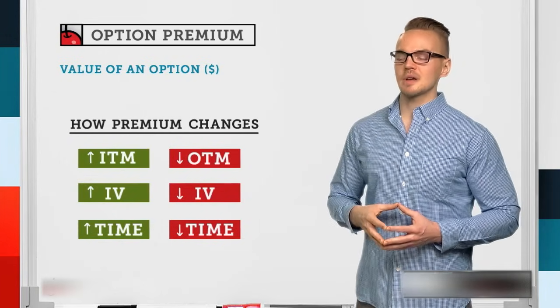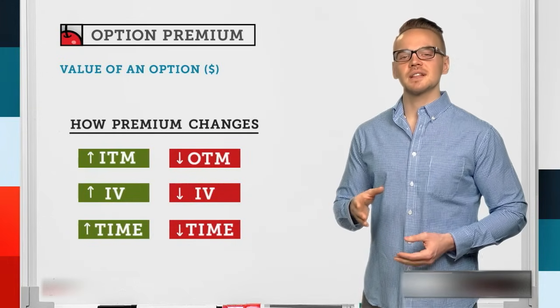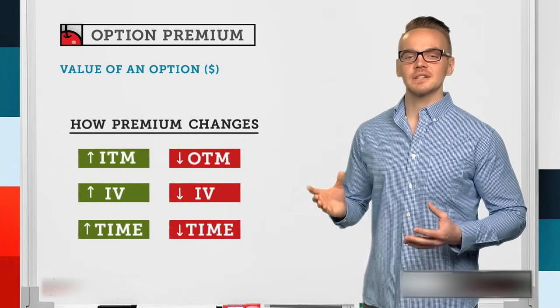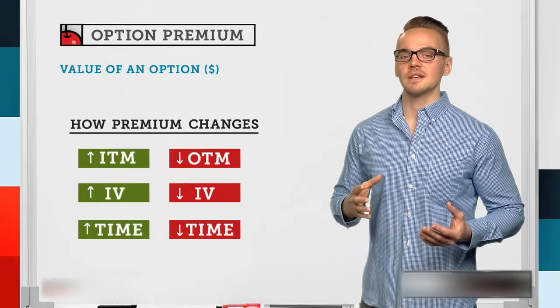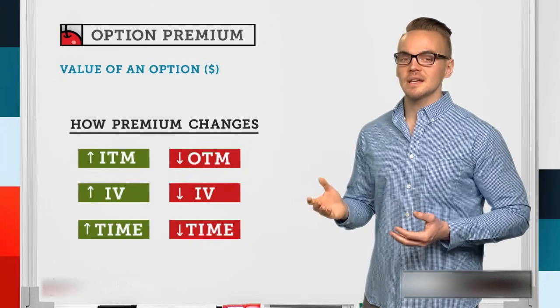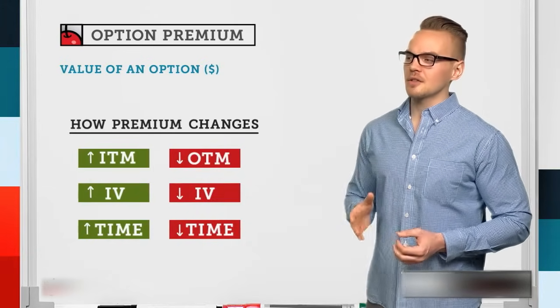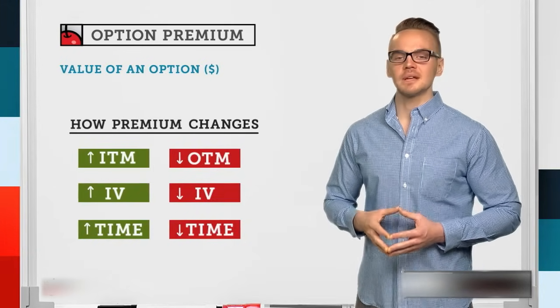Secondly, option premium increases when implied volatility increases. The interesting thing is that implied volatility is just a reflection of the option prices, so when option prices are increasing, you'll see implied volatility increasing as well. And lastly, another thing that increases option premium is time.